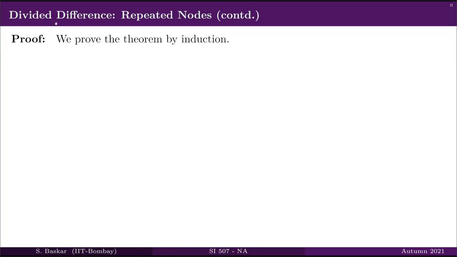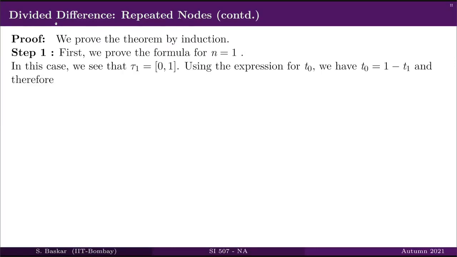The proof of the theorem is by induction. As a first step, we will prove the formula for n equal to 1. And in this case, as we discussed, tau 1 is the interval 0 to 1. And we further use the expression t0 is equal to 1 minus t1.